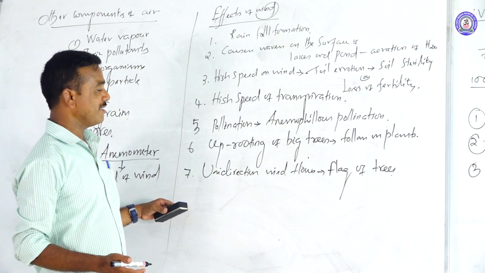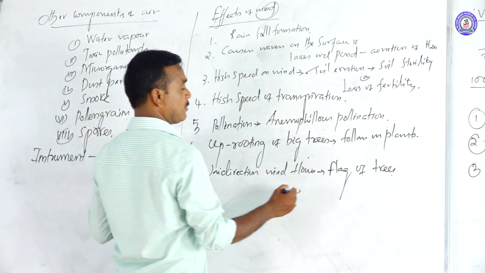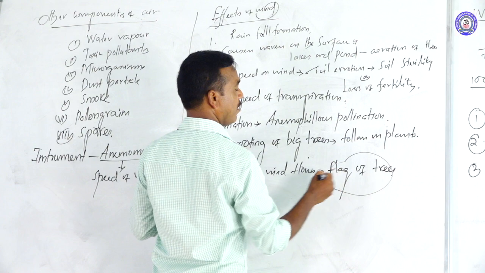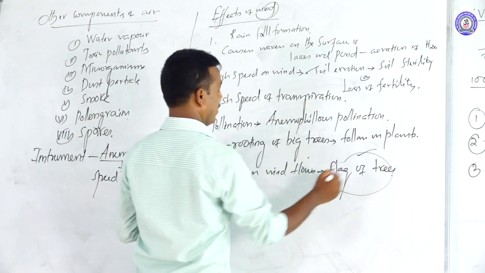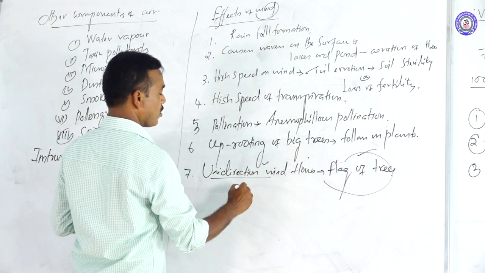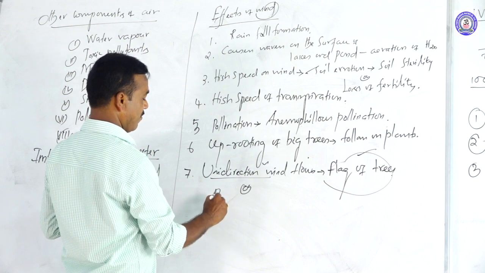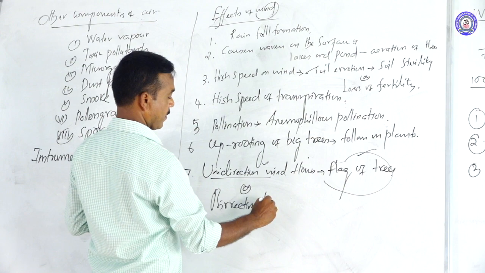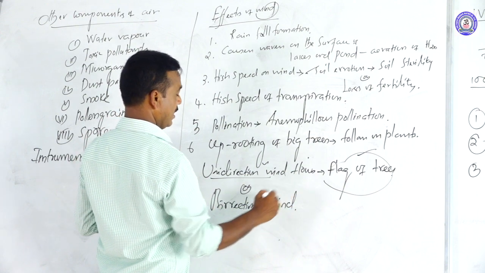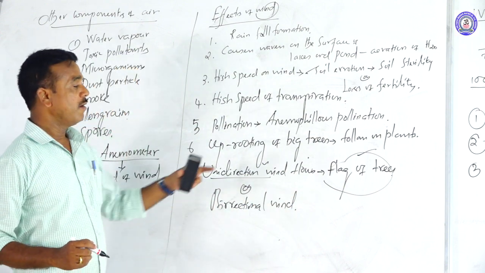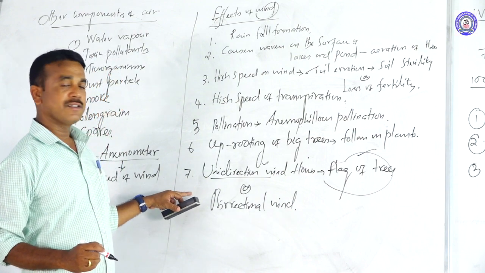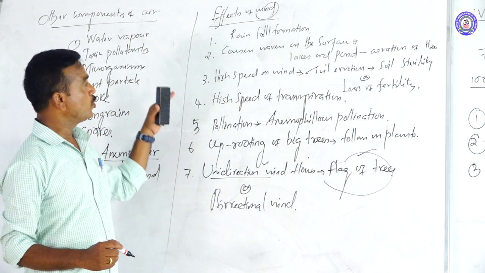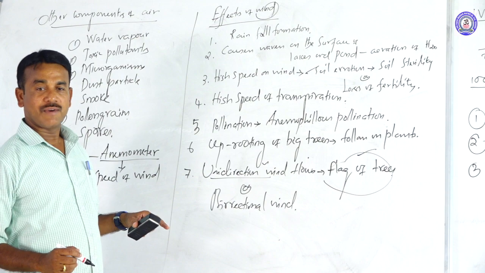Sometimes the question asks: what is responsible for the formation of flag form of trees? Unidirectional wind, or sometimes bidirectional wind. The wind responsible for flag form of trees is commonly called unidirectional wind. So those are the effects of winds.